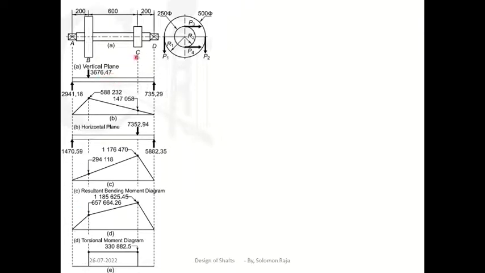In the vertical direction there are P1, P2. In the horizontal direction P4, P3. Forces were acting in two directions. First let me take the vertical forces. You can take any one.